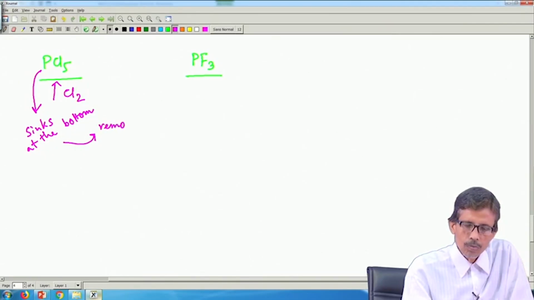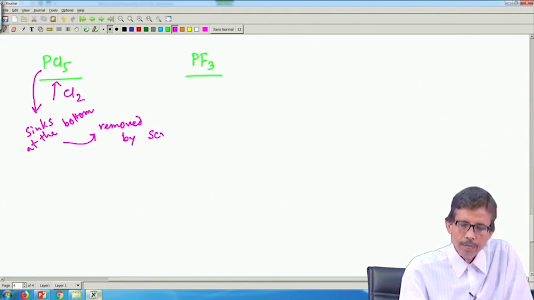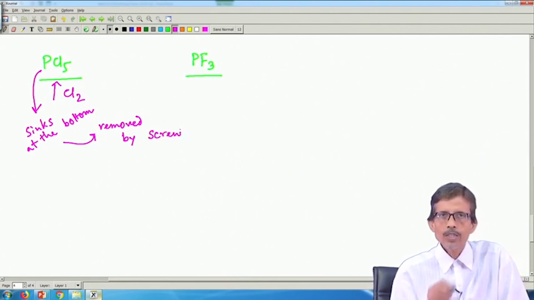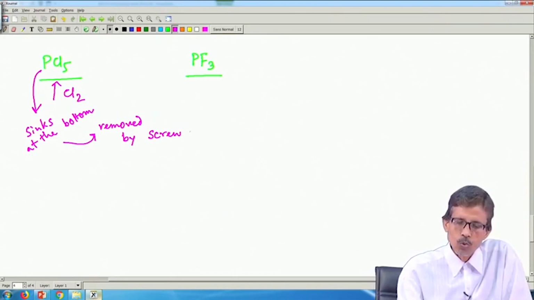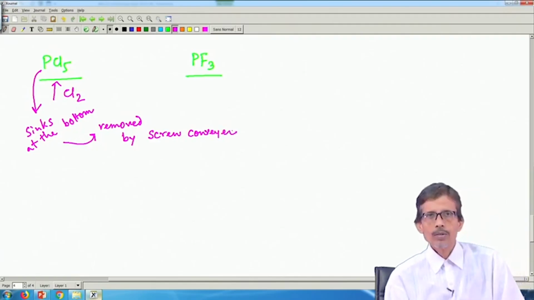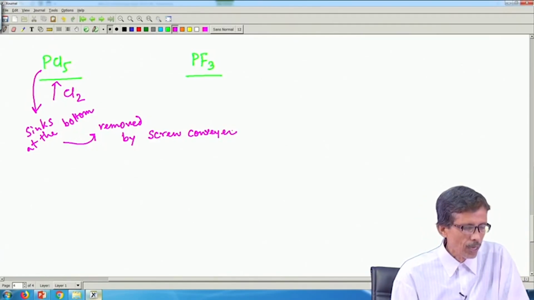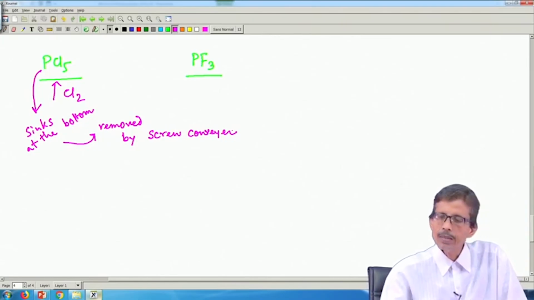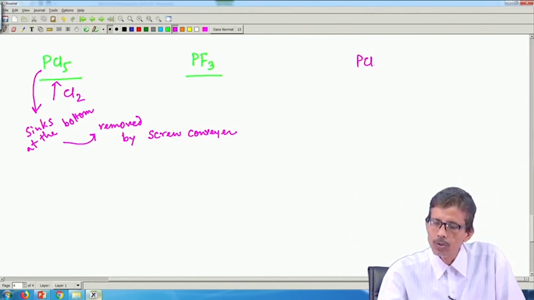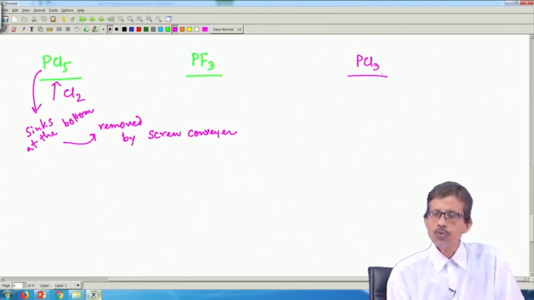It is removed by a screw conveyor. A spiral screw-type conveyor, not a flat type, will be useful to take out that particular product from there.